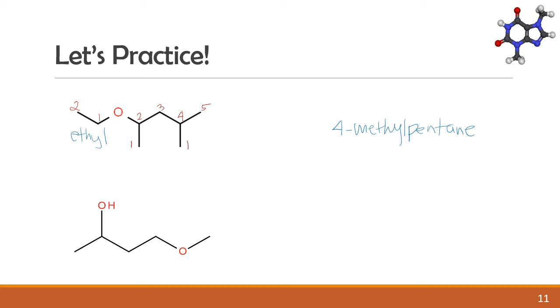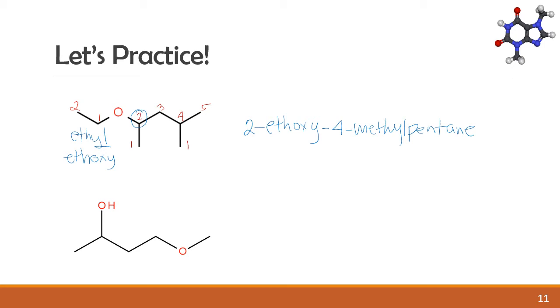Then we add the left side of the oxygen atom by first replacing the suffix "il" with oxy to get ethoxy. So we write here ethoxy. Then we add the carbon number to which the oxygen is attached, which is 2. So the full name of this compound is 2-ethoxy-4-methylpentane.